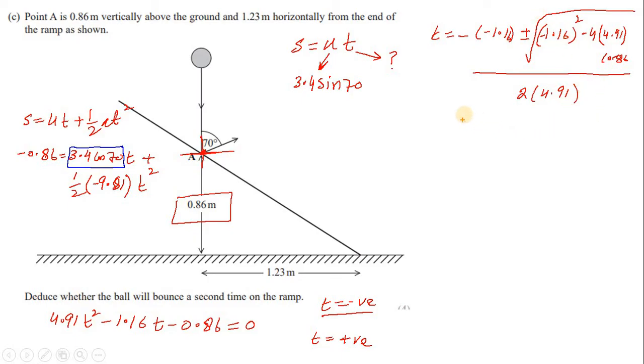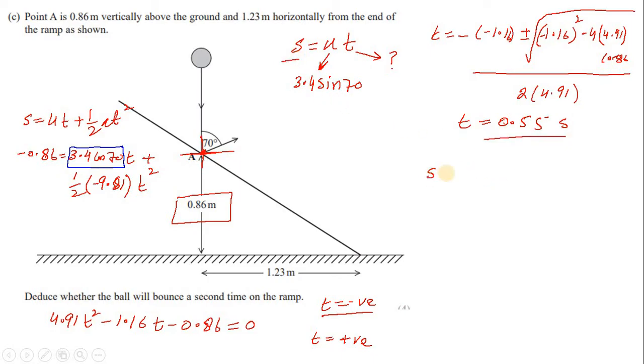So t would be around 0.55 second. This is the time, and then you can use this time to figure out the horizontal distance.